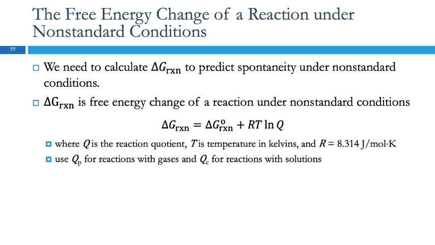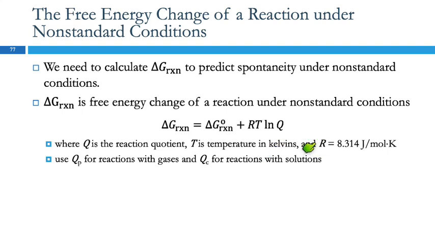So delta G is the free energy change, without the little zero here, of a reaction under non-standard conditions. It is related to the standard free energy change: delta G equals delta G standard plus RT times the natural log of Q. Q is the reaction quotient that we learned about in previous chapters. T is the temperature, and again, we have to use kelvins here.